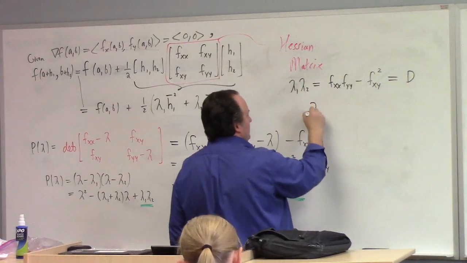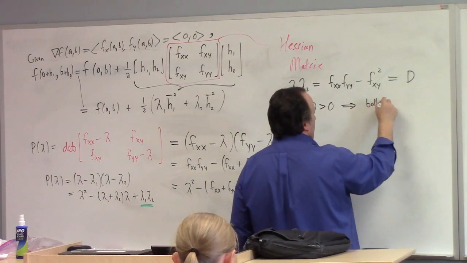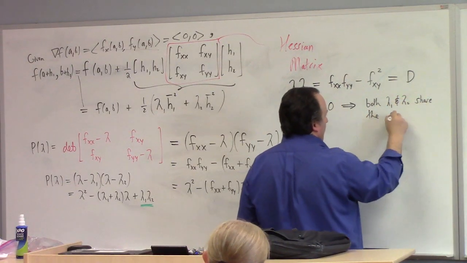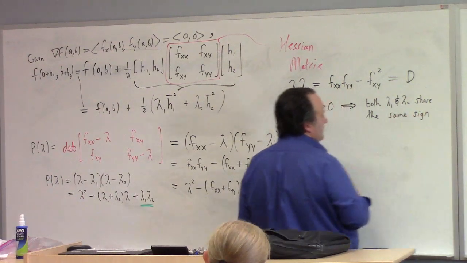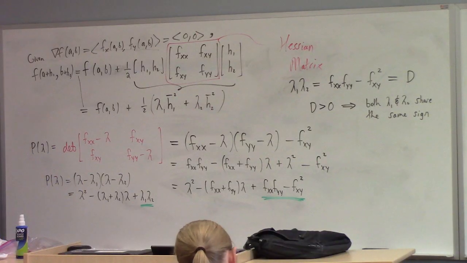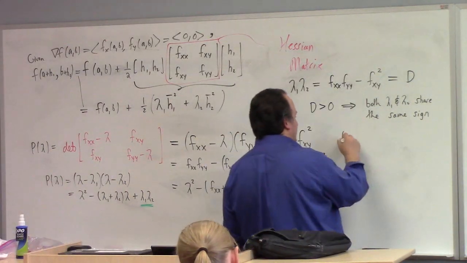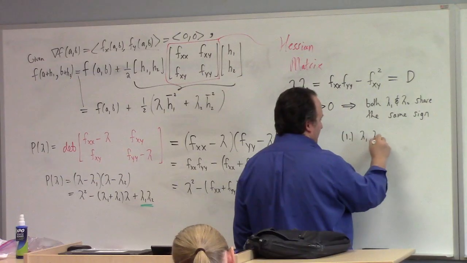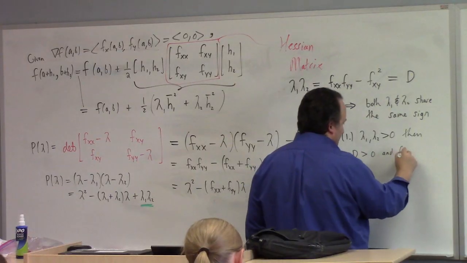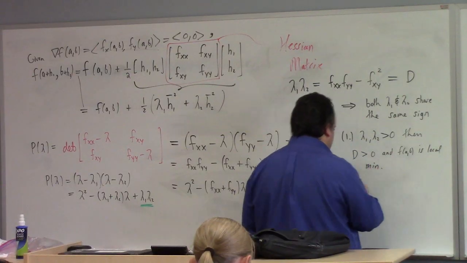So check this out. D positive means that both lambda 1 and lambda 2 share the same sign. You can't have the product of eigenvalues positive unless they're both plus plus or both minus minus. Okay, so case 1, if lambda 1 and lambda 2 are both positive, then we have D greater than 0, and f of AB is a local minimum, as I was explaining the logic of a second ago.